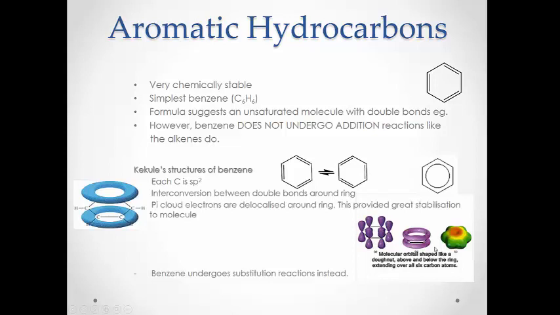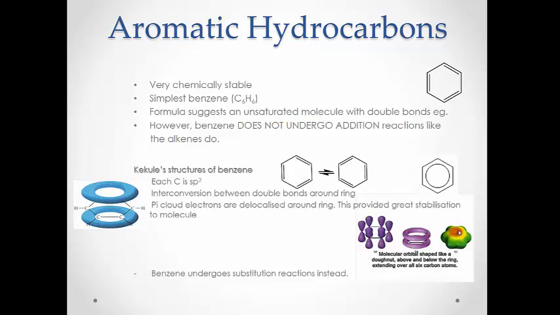So you've got this donut shape, and you've got the electron density above and below the plane. This delocalized pi cloud of electrons provides great stability over single and double bonds. They do not undergo addition reactions. They do not want to break this delocalized cloud of electrons, but they're happy to do substitution reactions.